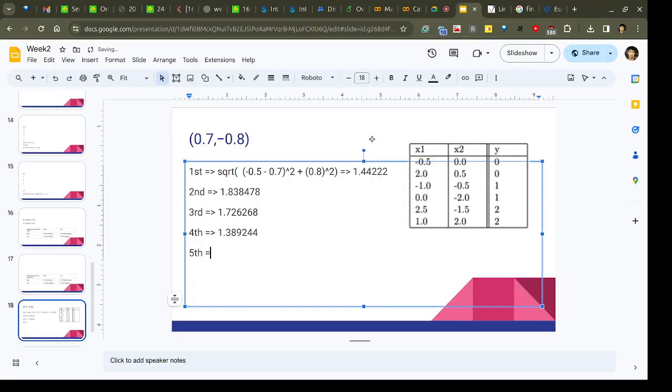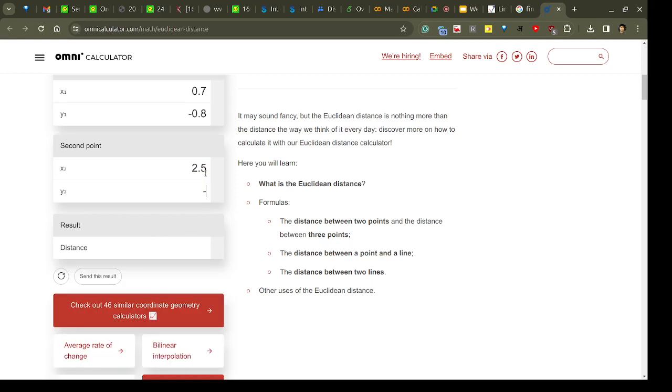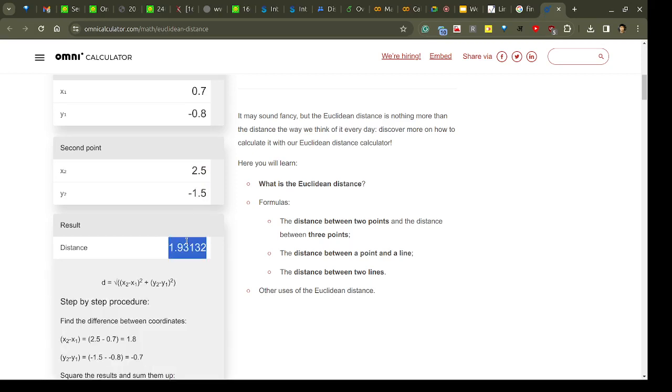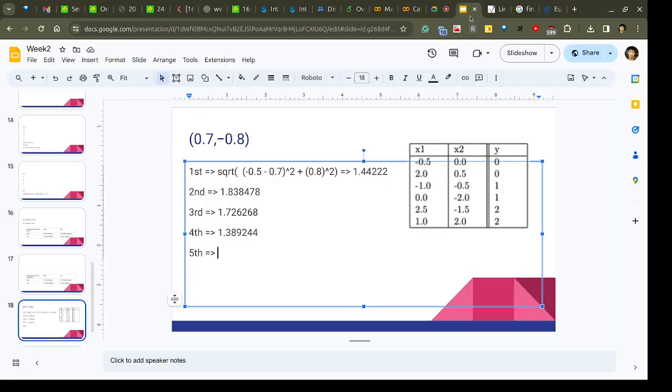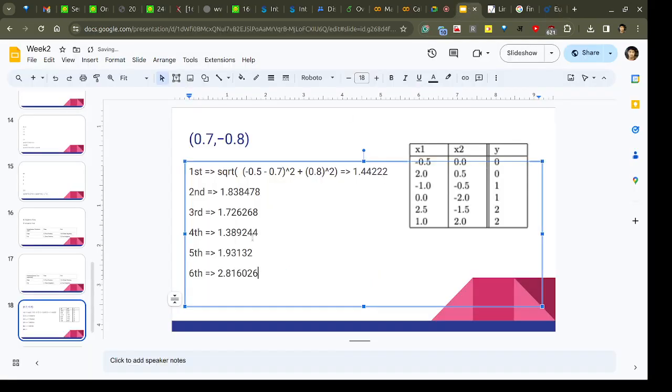Fifth point, 2.5, minus 1.5. Sixth point, 1, 2. So these are the distances. Okay, so the question is which of the points are nearest.